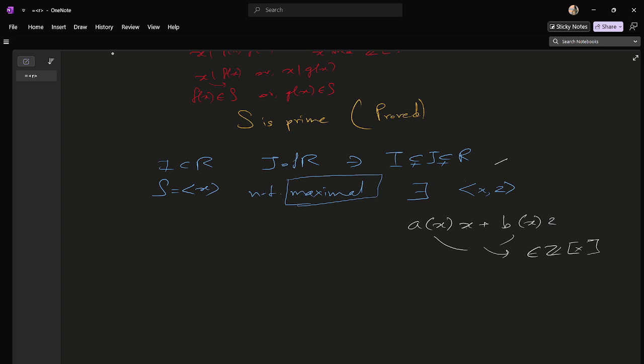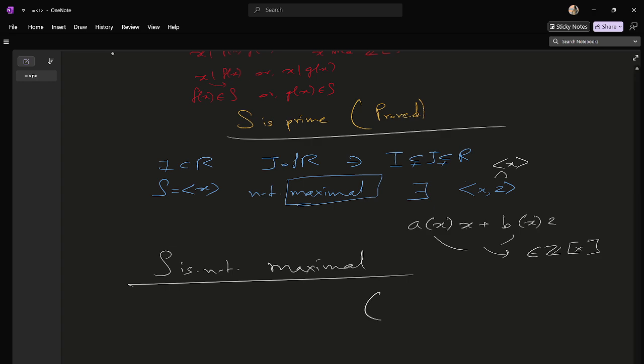We can easily see that S will lie inside this ideal, so S is not maximal here. So S is prime, which has been proven, and it is not maximal, which is also proven.